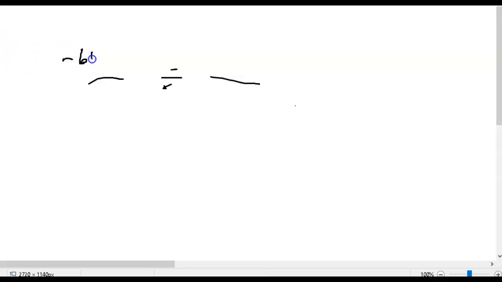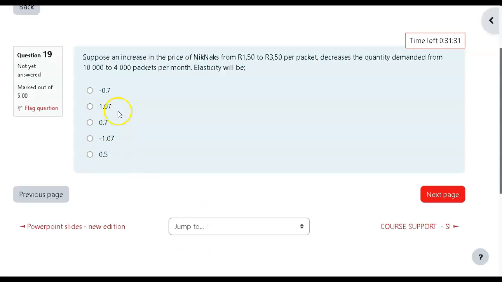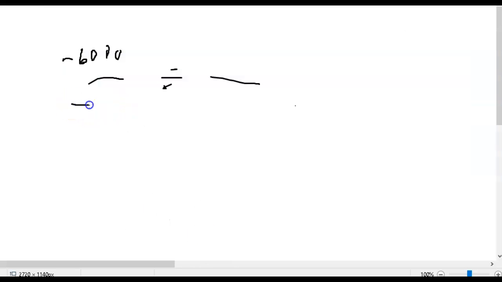So minus 6,000 over the average quantity. To work out the average, I want you to say 10,000 plus 4,000. That is 14,000. That divided by 2 is 7,000, because average is divided by 2. And then similarly do it for the other one.